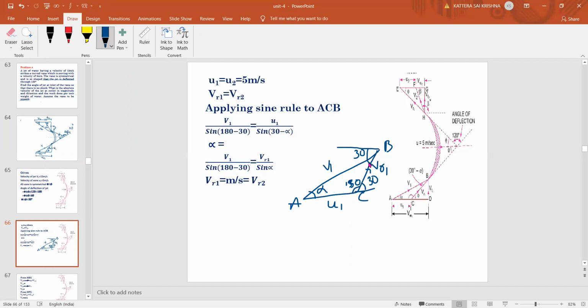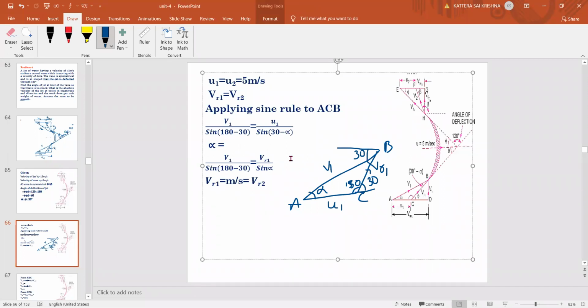So the inside angle becomes 30 minus this alpha. Right. So U1 equals sine of 30 minus alpha. From this you can find alpha. So alpha equals, tell me the value of alpha by calculating this. V1 value we already have, 15 meters per second.